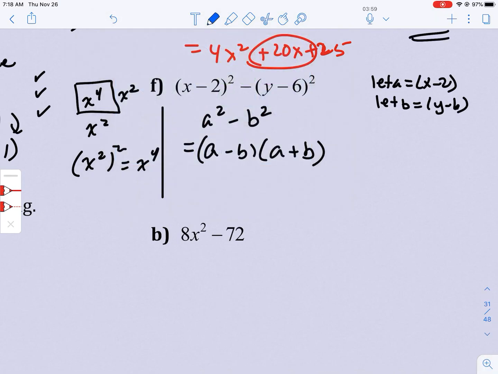So when I substitute that back in, I get an x minus 2 minus b. And let's just do the outside brackets in black here. Oh, and sorry, my b here. Let's just slow it down here.